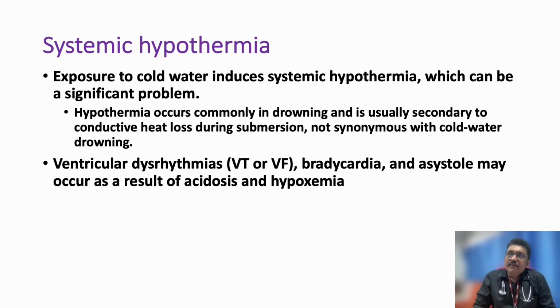But clinically, when we are practicing, this is not the case. Drowning means hypoxemia. Whether you drown in cold water or warm water, clinically it may not produce much difference. Hypoxemia can produce permanent damage to the brain.